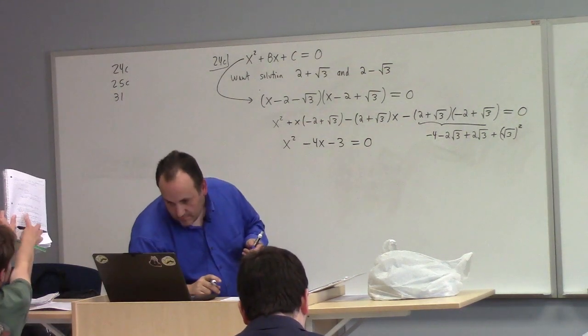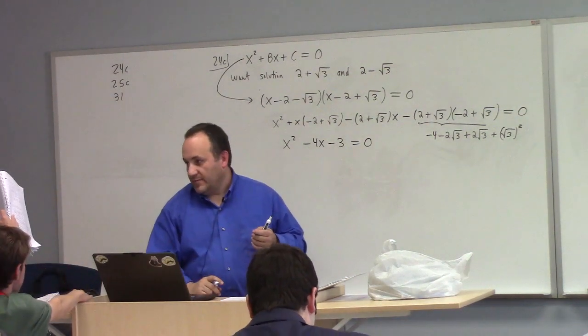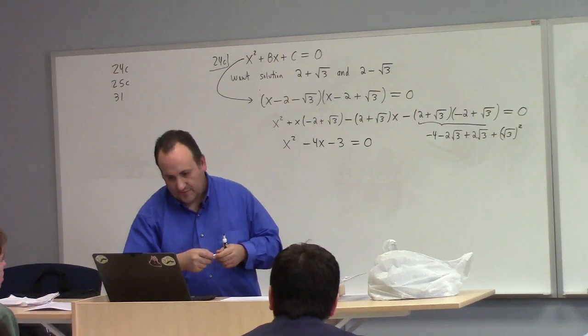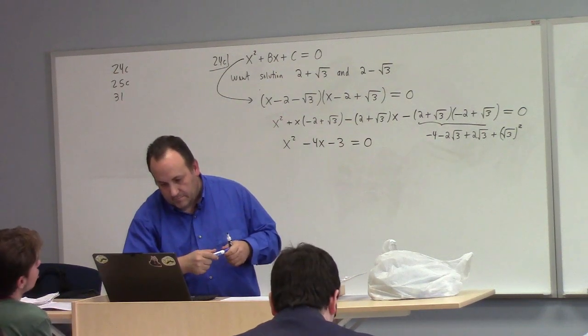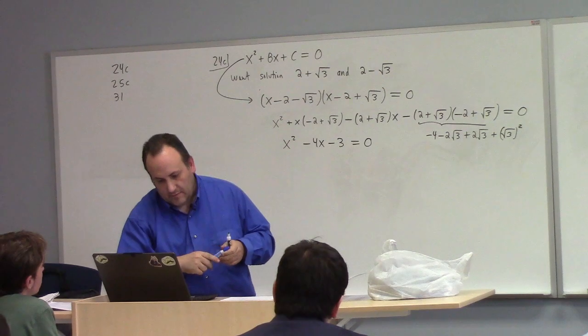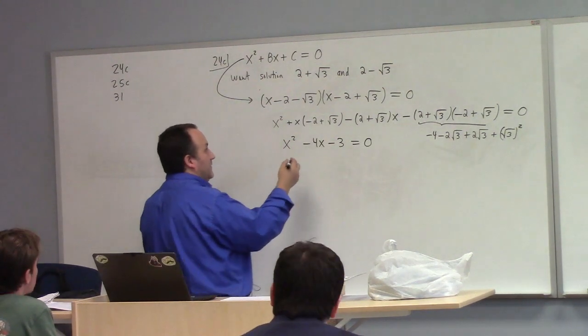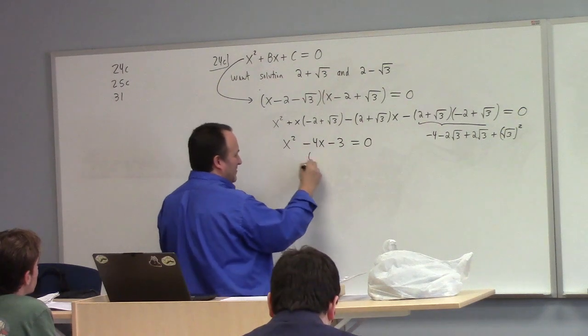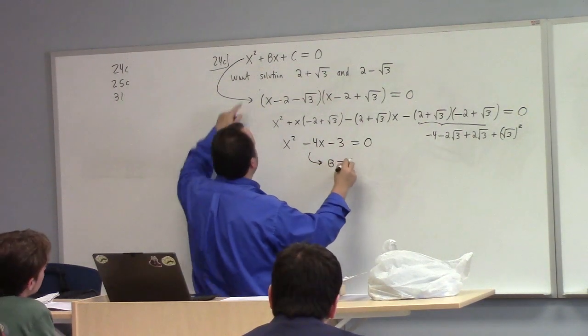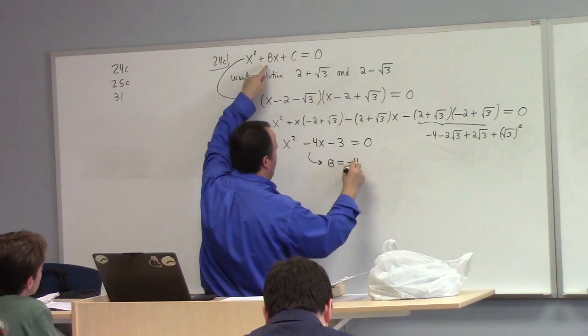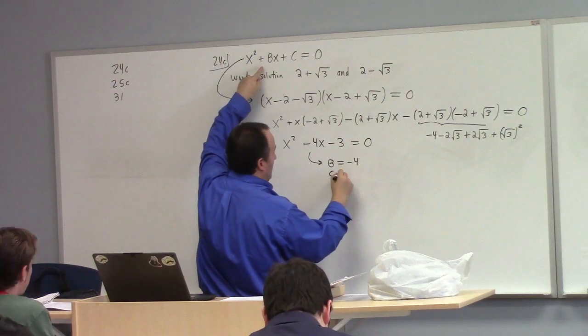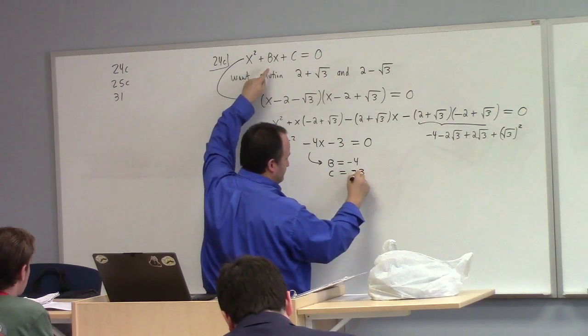So, yeah, that's what I have in my answer. So this means then that b is minus 4 and c is minus 3, actually.